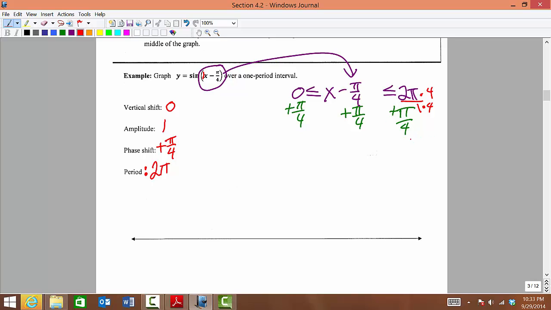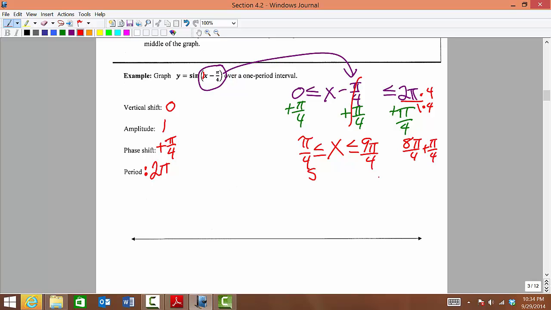So that would actually be 8 pi over 4 plus pi over 4. So our starting value, 0 plus pi over 4, would be pi over 4, less than or equal to, our pi over 4's cancel out, so I'll have x in the middle, less than or equal to, and that would be 9 pi over 4.